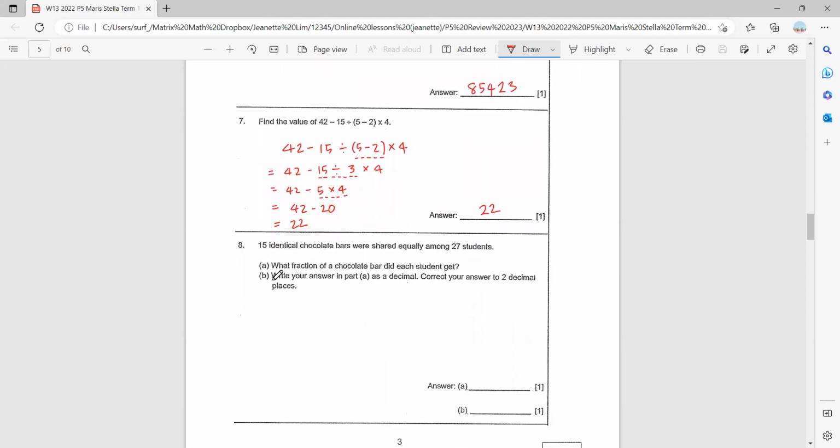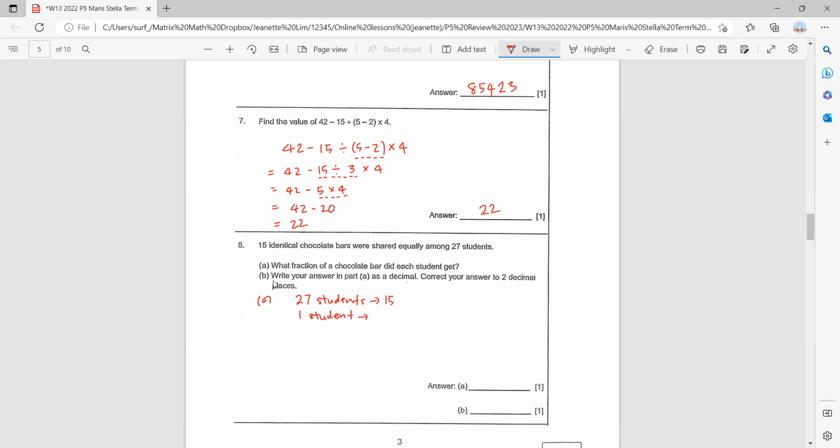Question 8. 15 identical chocolate bars were shared among 27 students. What fraction of a chocolate bar did each student get? For part A, to avoid confusion, you're going to find one student. Let's label 27 students first, then I'll find one student after that. 27 students will share 15 chocolate bars.